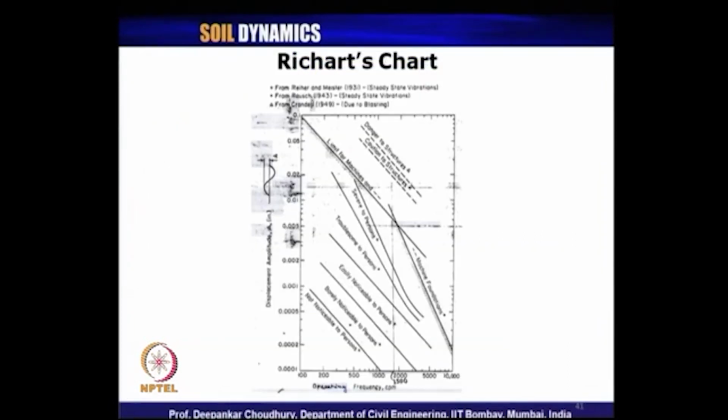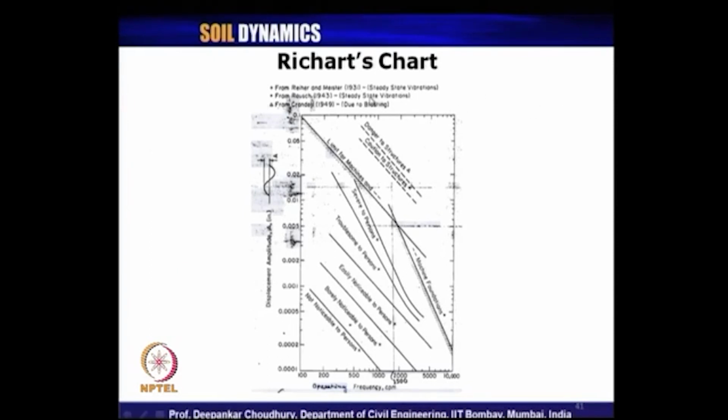This is Richard's chart. You can note down. This chart was proposed by the scientist Richard in 1962, and this chart is valid for only the vertical mode of vibration. Please note it down. How was this chart developed? It was developed from several experimental results.